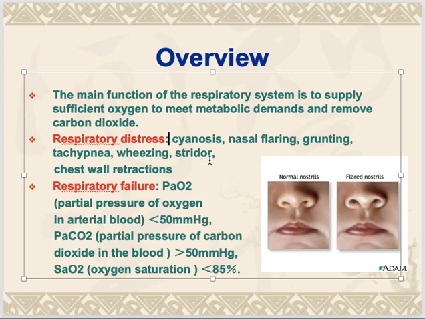And as you know, dyspnea has different causes: pulmonary causes, cardiac causes, and other causes. In pulmonary causes it could be upper airway tract conditions, lower airway tract conditions, or pleural conditions. So simply, there are different causes for that.